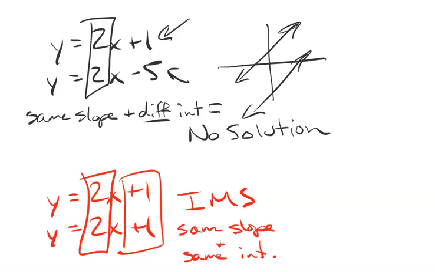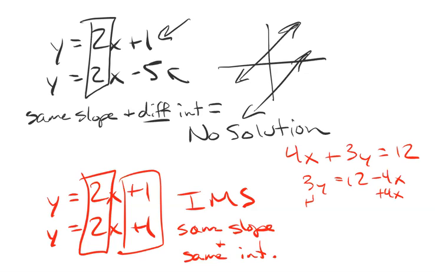And that's whether they're in y equals mx plus b or not, right? If you have 4x plus 3y equals 12, and let's say 3y equals 12 minus 4x, if we have these two equations, then I can rearrange the bottom one.